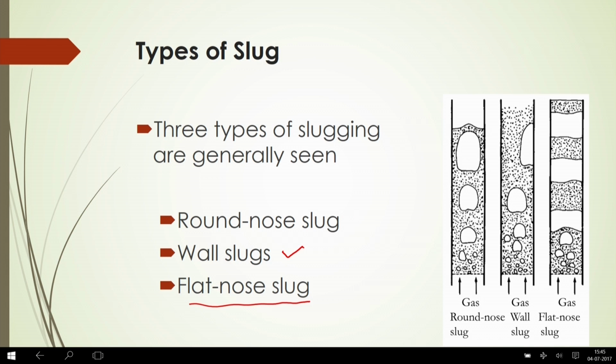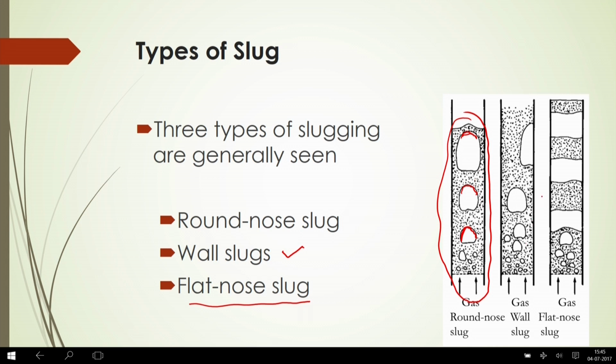See in this picture that this one is called the round nose slug. You see that the bubbles form in such a way that there is a round nose shape, and all those round shape bubbles continuously flow through the center of the bed.